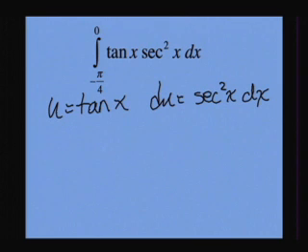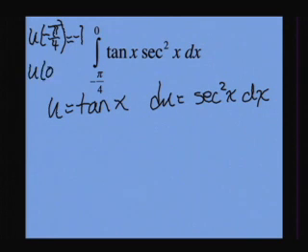But you also needed to change the bounds, and therefore what you were looking for would be to evaluate u of negative pi over 4. And that means we want the tangent of negative pi over 4, which is negative 1. Then we also want u of 0, which is the tangent of 0, and the tangent of 0 is 0.